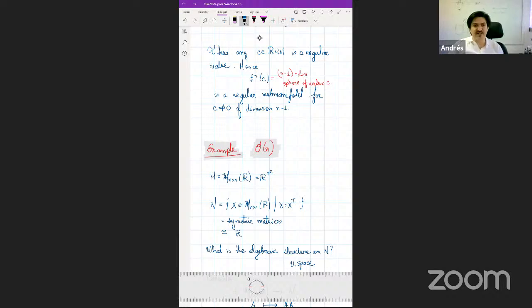Now, what is the dimension of that vector space? N squared? The same one here? So let's see.